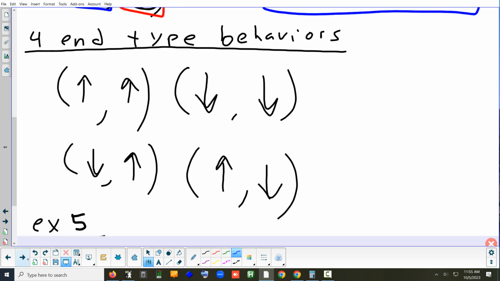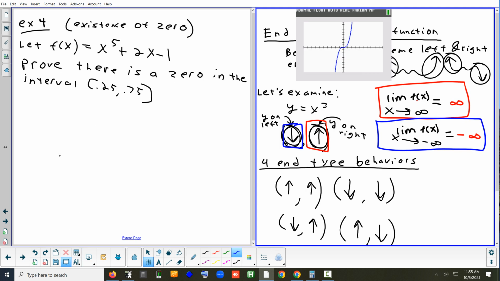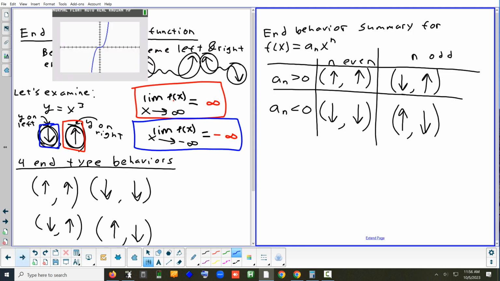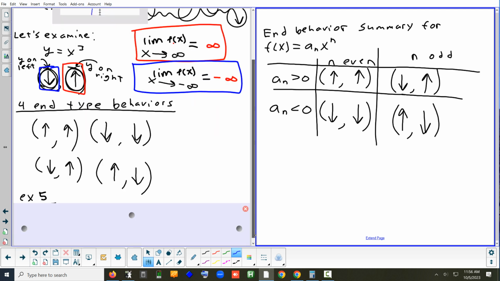So there are 4 types of end behaviors. And actually, let me just put up the chart of them. Rather than writing these 4 types of end behaviors, it's easier to just write the chart because that covers the same thing. There's an easy way to figure out what the end behavior is going to be. It depends on 2 things. It depends on an exponent and whether it's even or odd.